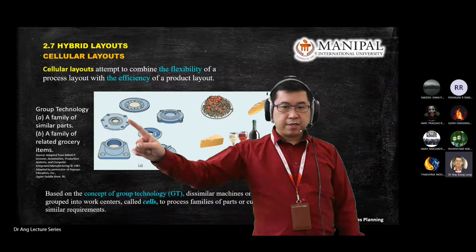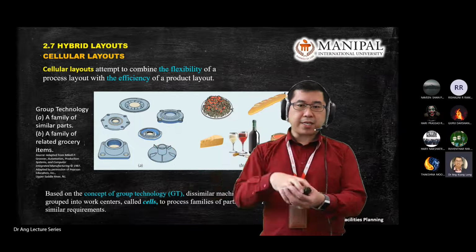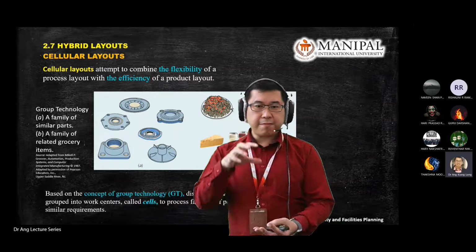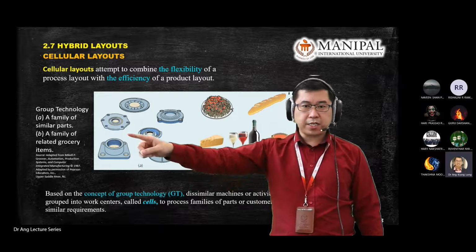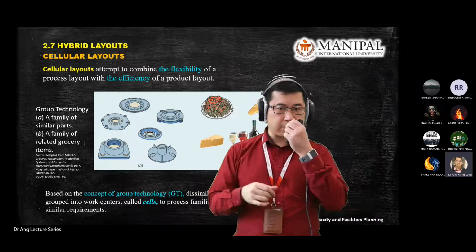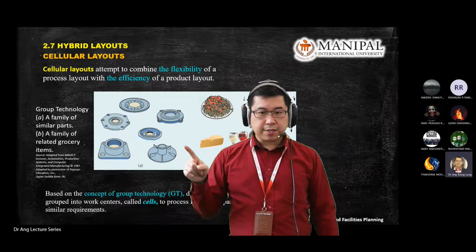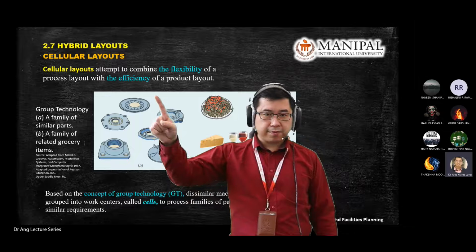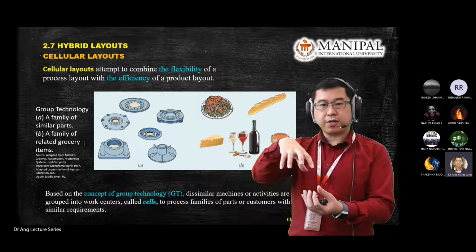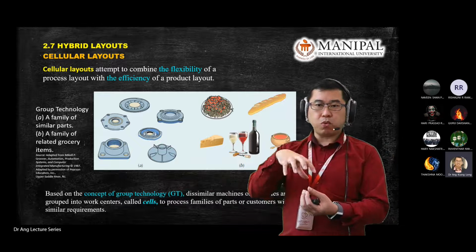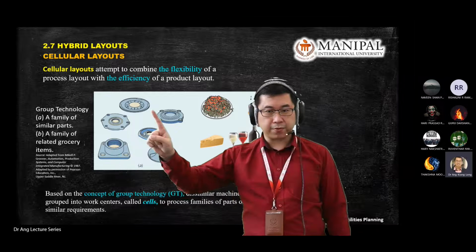For example, in metal stamping, you stamp similar circular shapes, so all these parts go through that particular workstation, and you only need to change the jig and the mold for the stamping process.